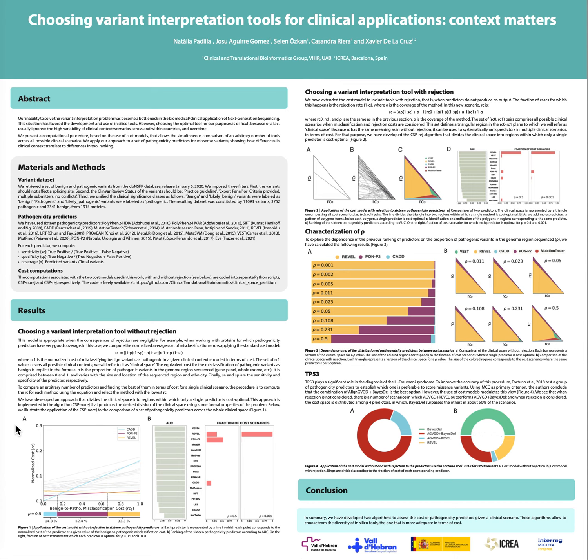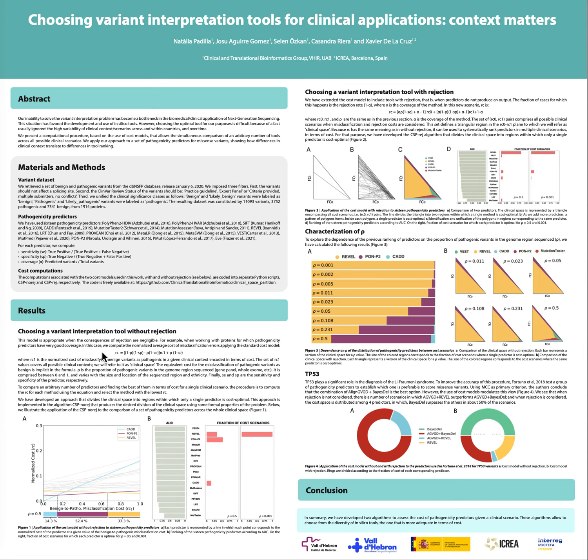In this case, we compute the normalized average cost of misclassification errors, applying the standard cost model, given a clinical context, with this formula. Here, ρ is the proportion of pathogenic variants in the genome region sequence, and SE and SP are the sensitivity and specificity of the predictor considered.